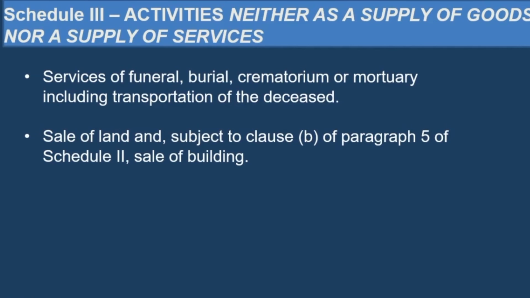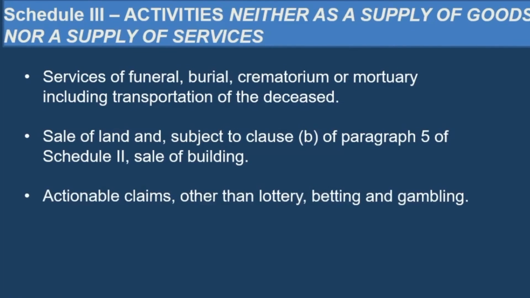It means, except that particular transaction of under-construction buildings sold for consideration, all the sale of building transactions are out of the purview of goods and services tax. So a ready-to-use house or a second-hand house which you are using and selling, all such sale of building transactions will not be taxable under GST.